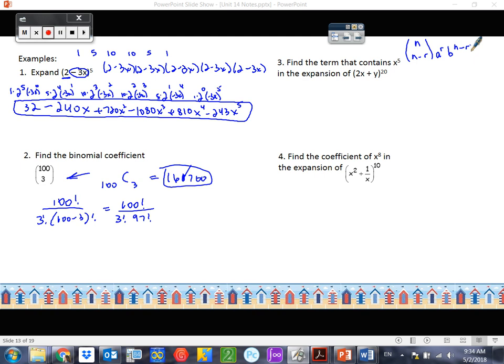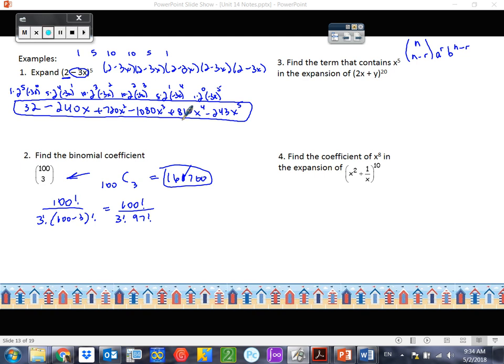Okay, that's what we got. So what do we need it for? Again, expanding might be a fun little project, but probably not doable on a test. I would not have enough time to expand all that out. So we really need to cut to the chase, which is we just want the term that has x to the 5th in it. That's all we want. To do that, we can use this little formula. We don't have to go through all of this.